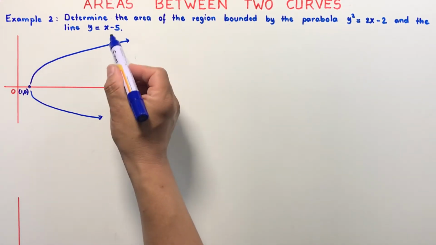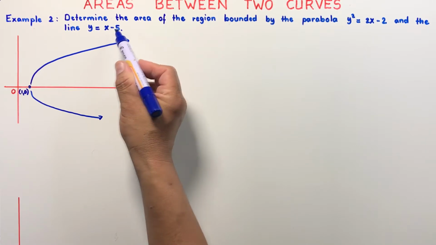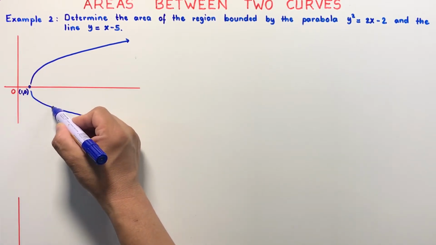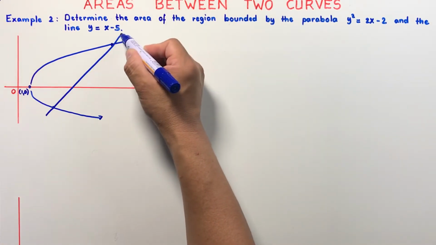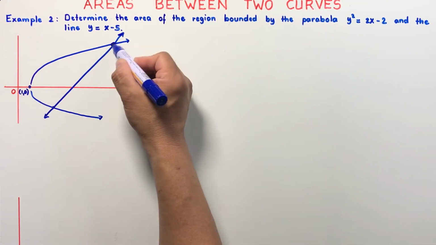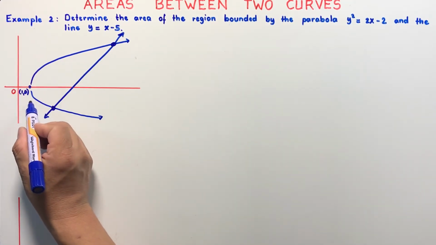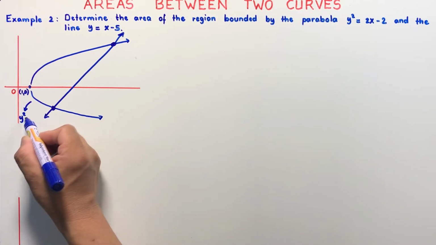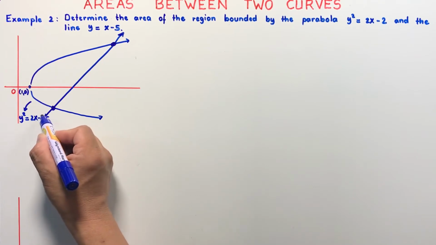But the graph of this is a straight line but having a positive slope. So it is sloping upward. And the graph intersects this parabola from this point here. So it has points of intersection. Now let us label that this is having an equation of y squared, which is equal to 2x minus 2.